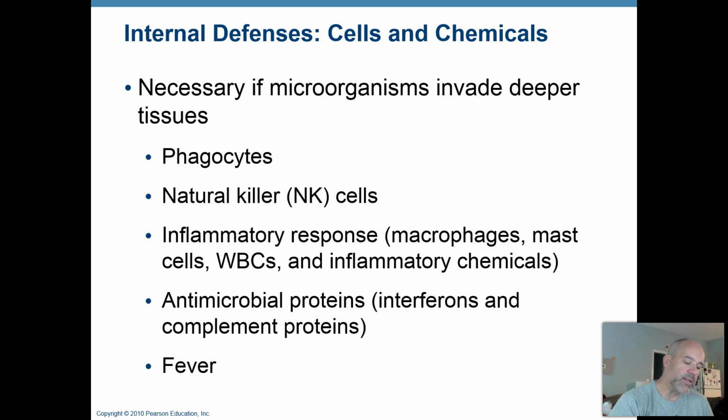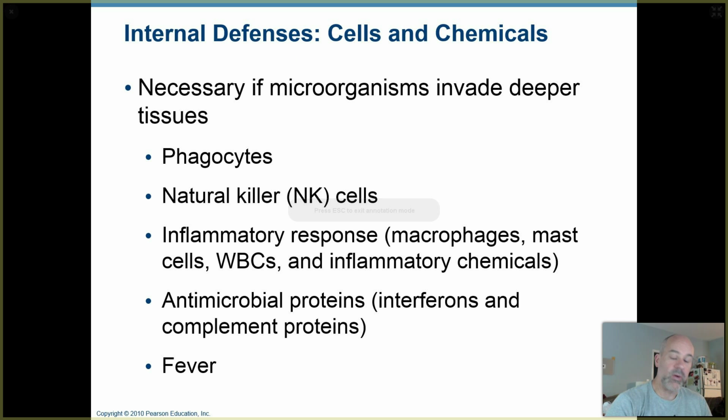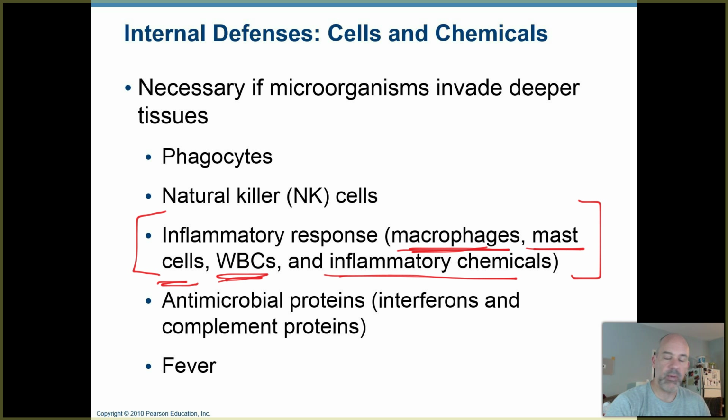Okay, so again, some of these internal defenses, I think I've probably already talked about quite a bit of this. Cells and chemicals that are necessary if microbes invade deeper tissues. And we're going to talk more about inflammation in a separate video lecture, but the inflammation involves a response that includes different types of white blood cells, your macrophages, the mast cells that are stationed in your tissues, and then there are a number of chemicals that get involved in those processes also.